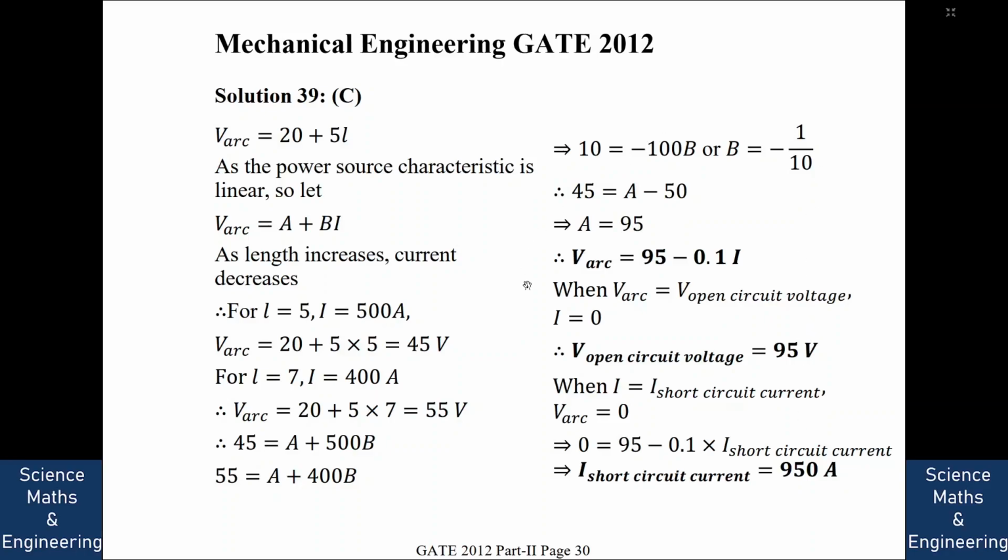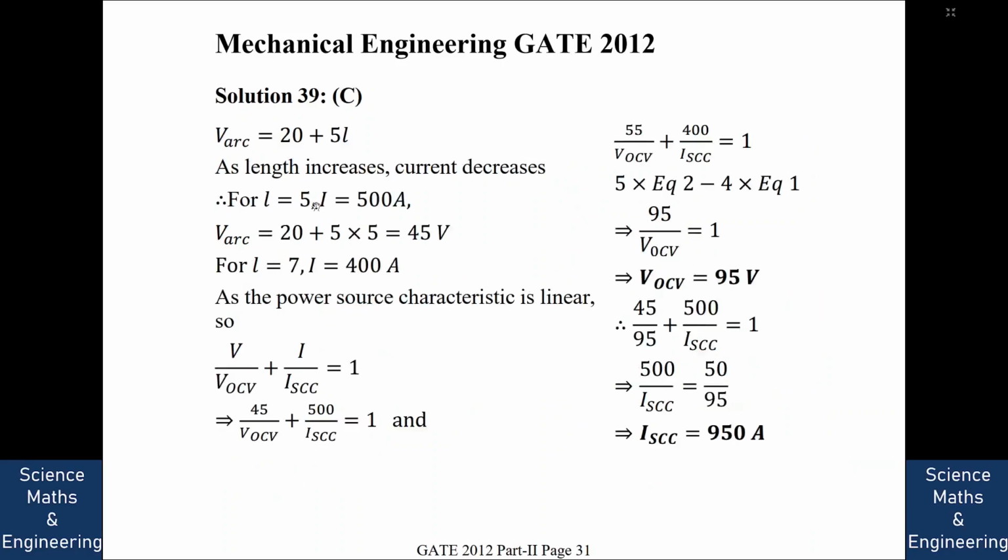Now this can also be done using this method. You see, V arc is 20 plus 5L. As length increases, current decreases. So that is the same. Now the power source characteristic is linear, so V by V open circuit voltage plus I by I short circuit current is equal to 1. We can use this relation directly.